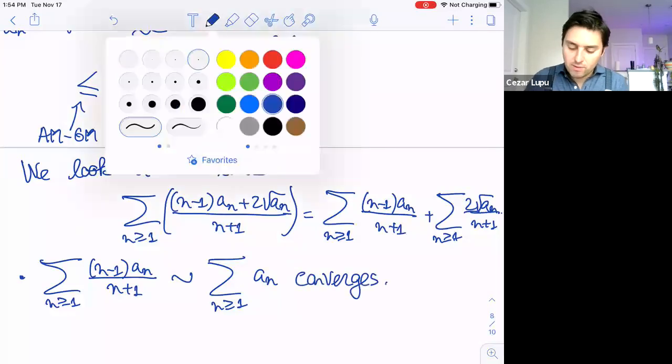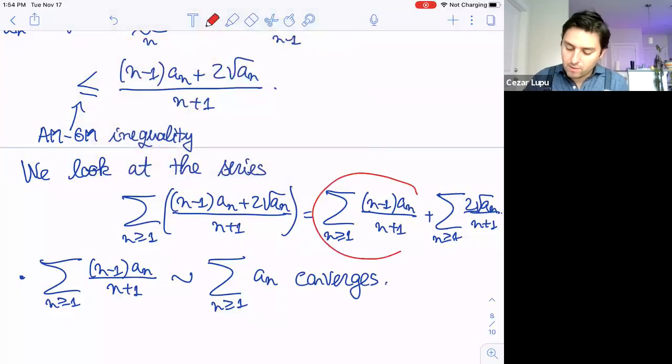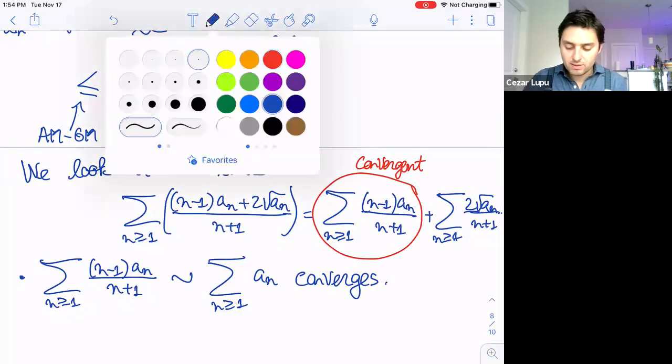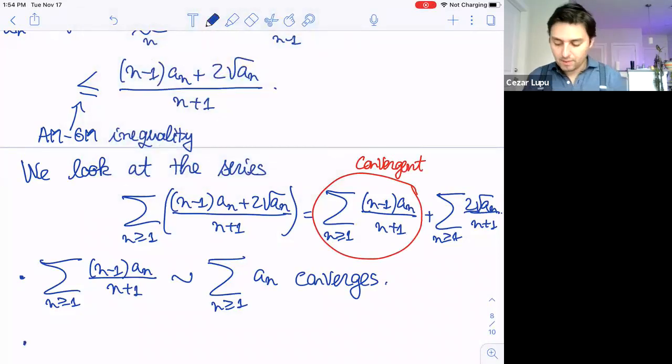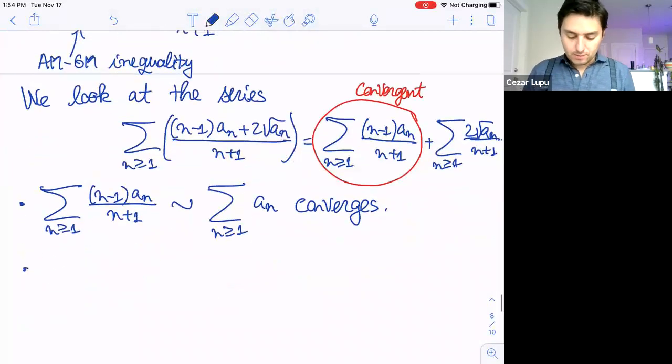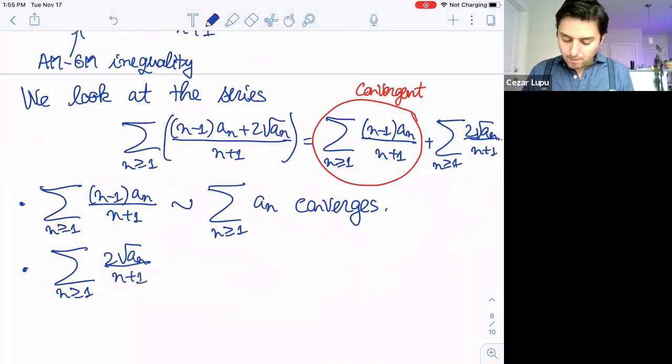So this guy here is convergent. Now let's look at the second one. The second one is not as trivial to see, but the second one will converge as well.